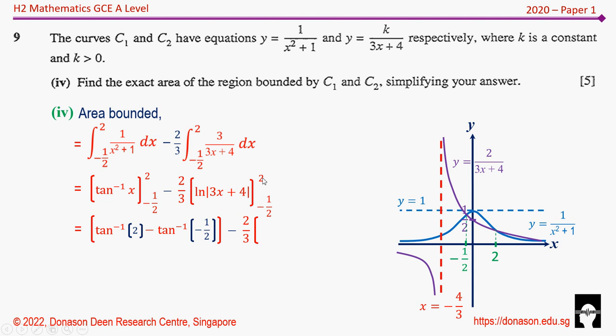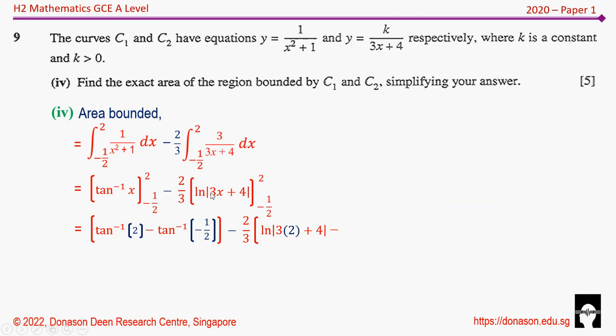Now let's plug in the values of 2 and minus half into the log function. So ln of 3 times 2, of course I'm replacing the x with the 2, plus 4. Then let's substitute the lower limit, minus ln of 3 times, of course the x value I'm going to replace with negative half, and then I've got a plus 4, which is what I have written here.